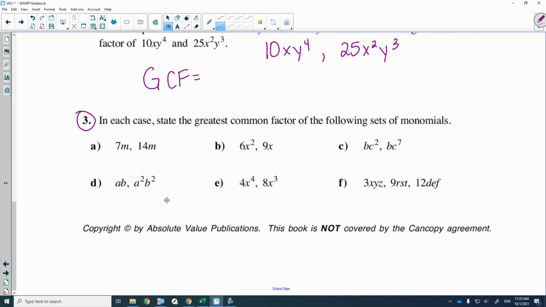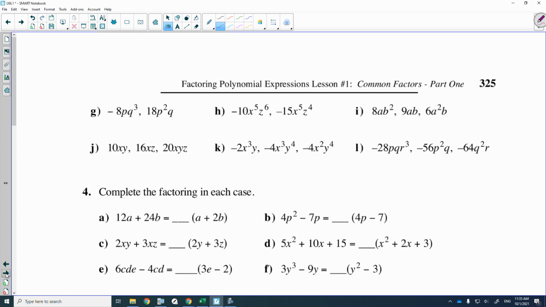I'll just pick a couple on the next page so that you get some practice with negatives. You could do H, K. Actually, let's not do K. This is the biggest numbers you'd see, would be that guy there. So we'll do H, L, and I on this page. I'll give you 5 minutes to work on that.